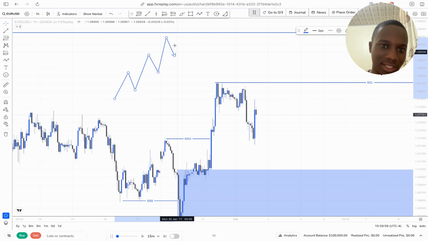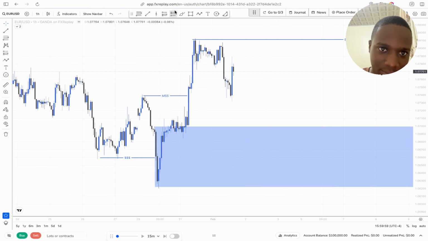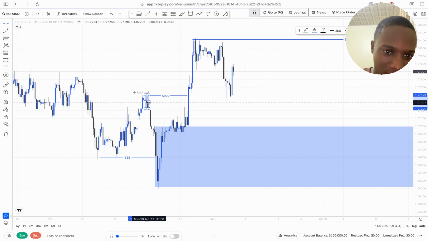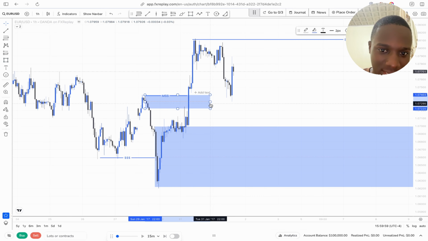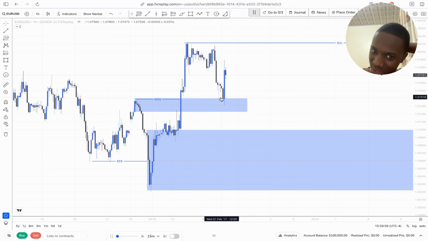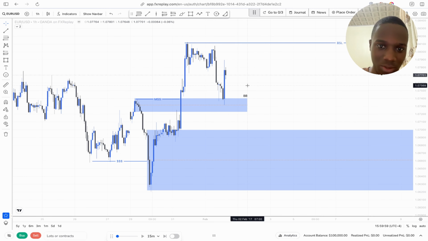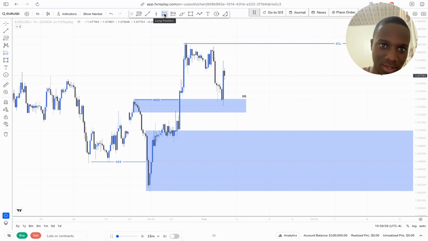So this corrective move gives other order blocks because it's a downtrend but in an internal structure. So this downtrend right here has an order block, but this order block was intercepted, making it a breaker block. So yeah, you can see it right there. So a good entry would have been on this breaker block right here. This would have been one good entry.